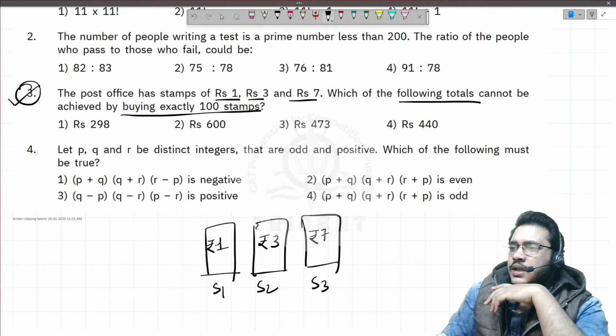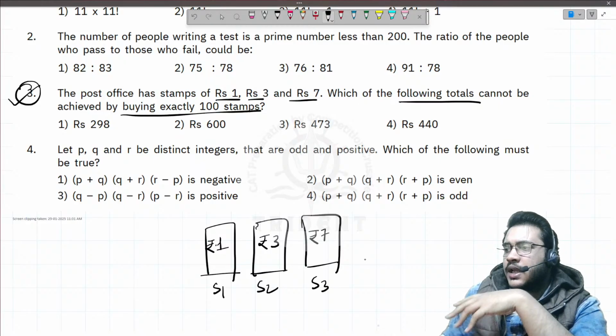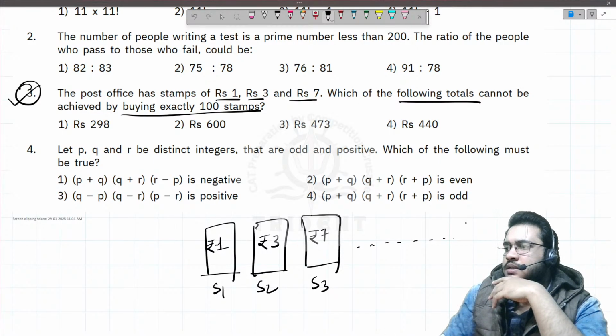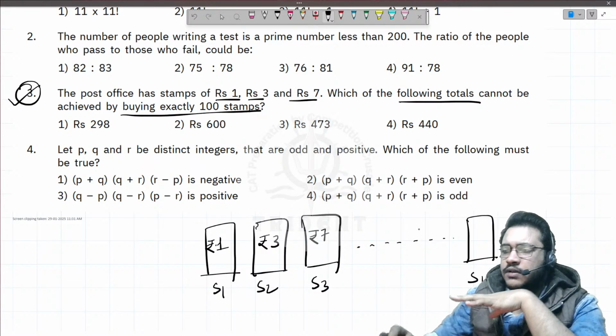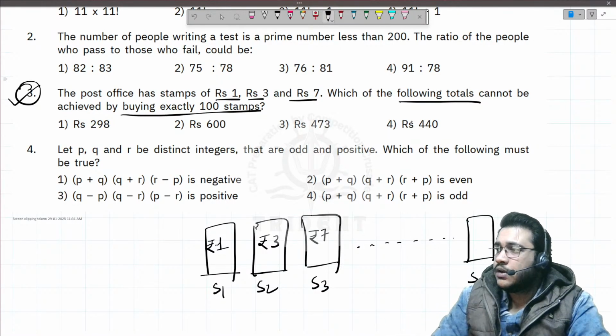Point is, I don't know in which order, but I know that I am buying many stamps, and this is going to be the 100th stamp in whatever order. Which of the following totals cannot be achieved by buying 100 stamps?